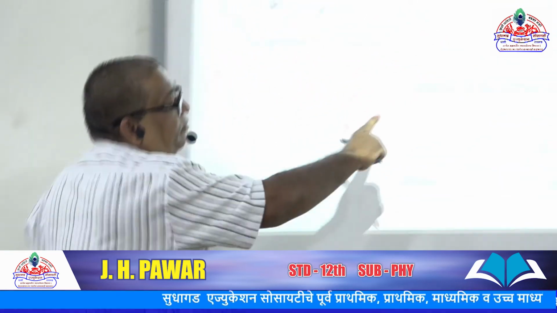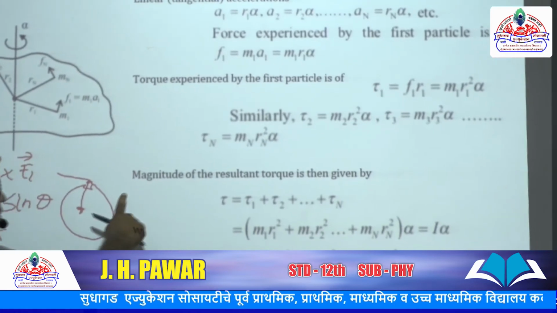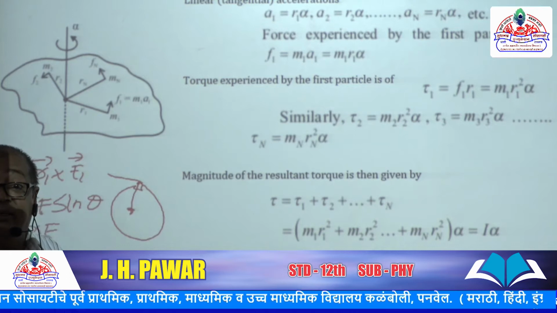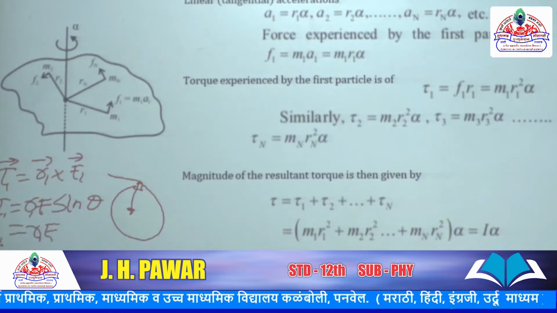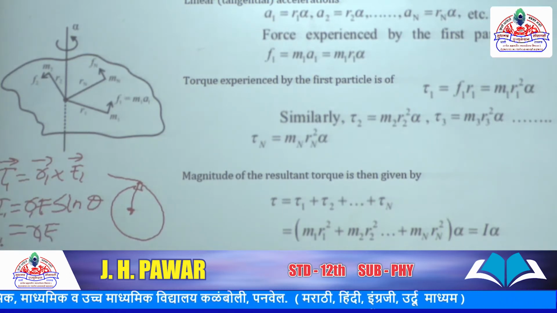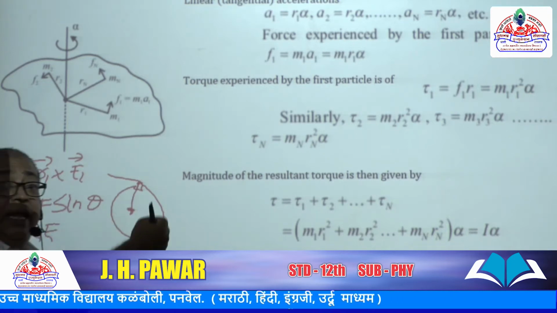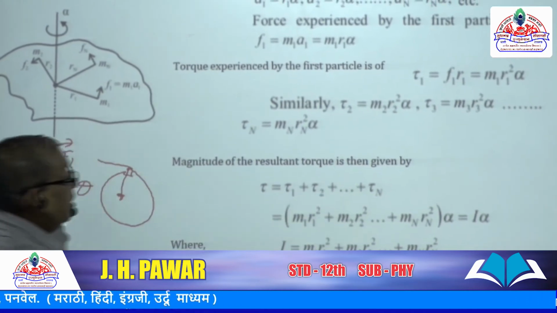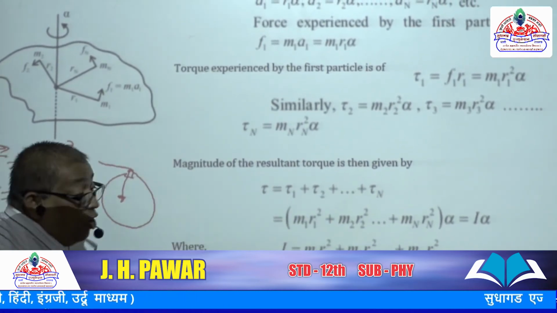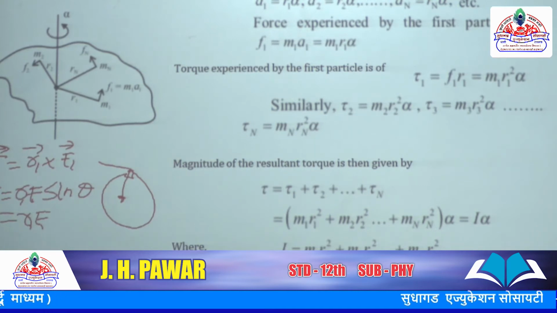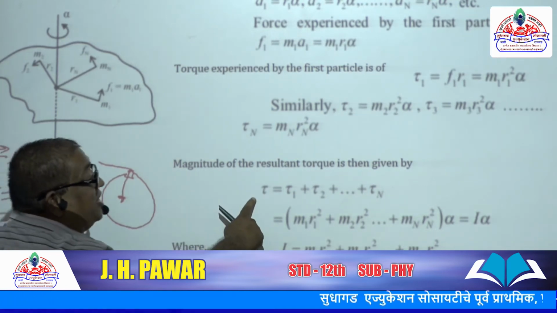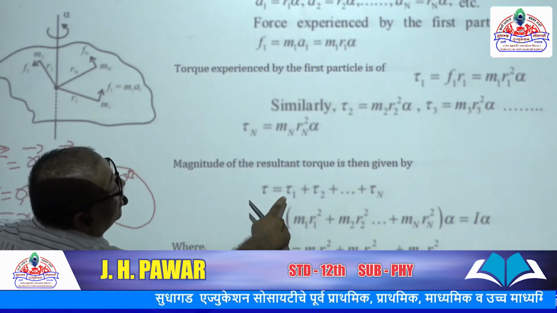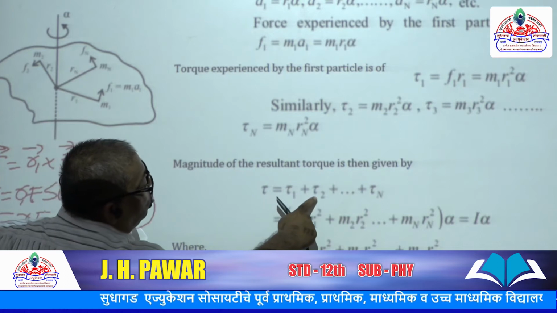Now, what is the resultant torque acting on the rigid object? It is the sum of the torques acting on each particle. The magnitude of the resultant torque acting on the rigid object is tau equals tau 1 plus tau 2 up to tau n.